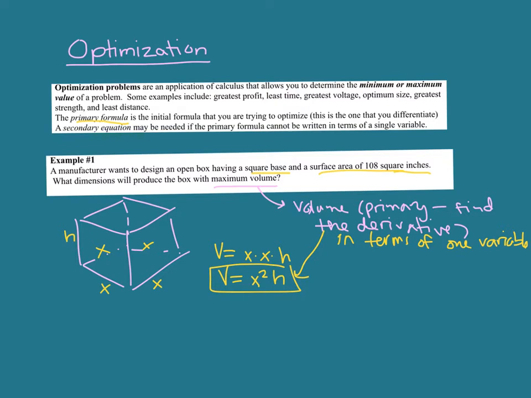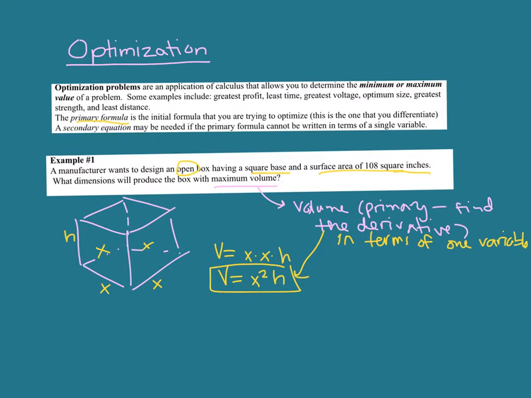Now we need to find our second equation. The second piece of information that they give us is that the surface area is 108 square inches. So to find the surface area, you need to add up the areas of all of the faces of this prism. Keep in mind that it's an open box, so there's no top to it. So we're going to do the 5 sides that we have.